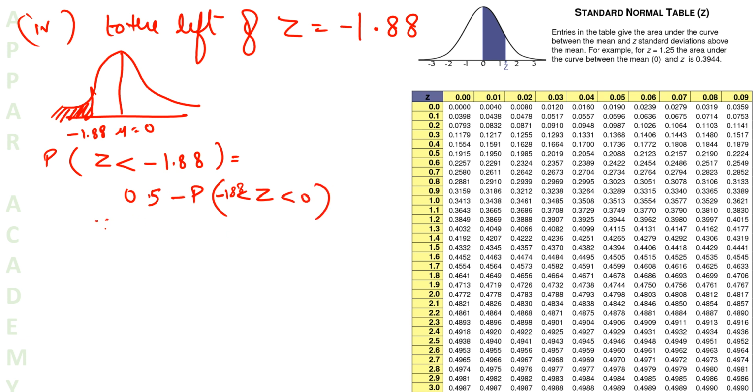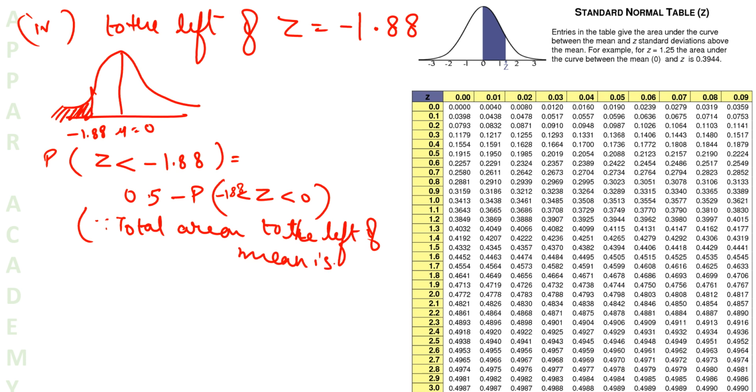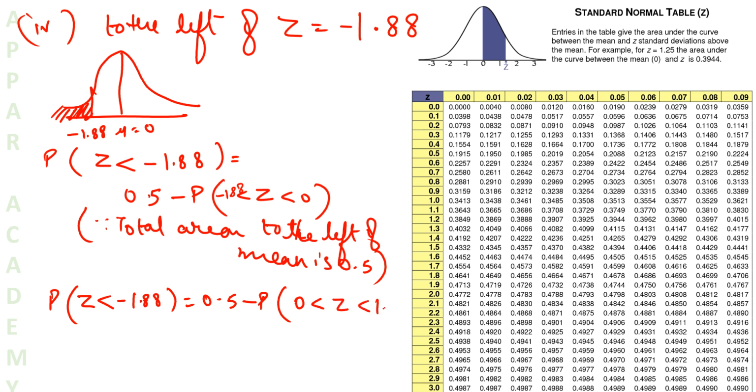Why did I write it? Because the total area to the left of the mean is 0.5. Is this true? So thus from here, the probability that z is less than minus 1.88 is equal to 0.5 minus the probability that z lies between 0 and 1.88, by symmetry.